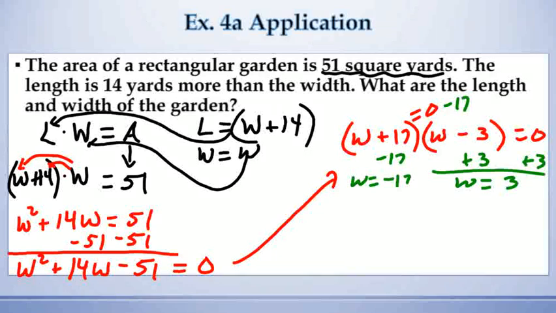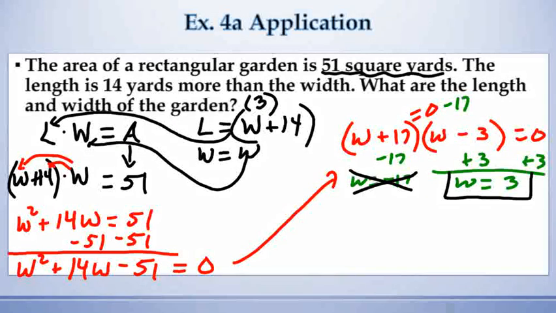You cannot have a length that's a negative number. So I know this is not the solution. So I know the width is 3. Now I need to substitute 3 into this equation here to find my length.